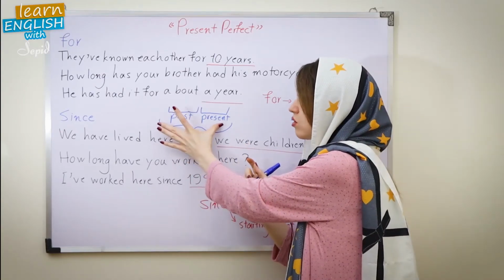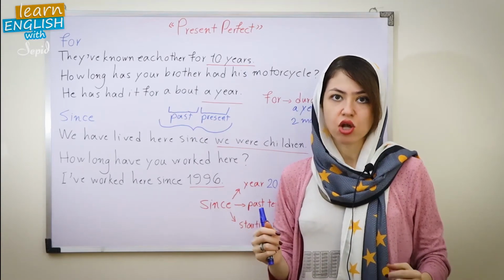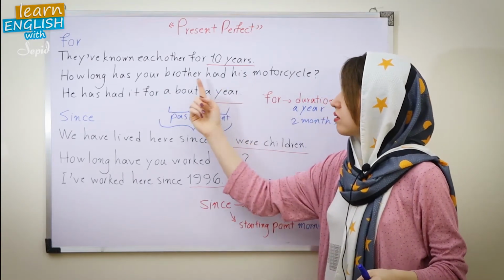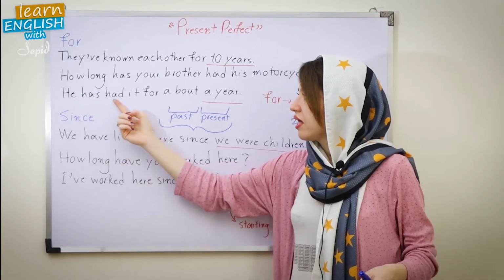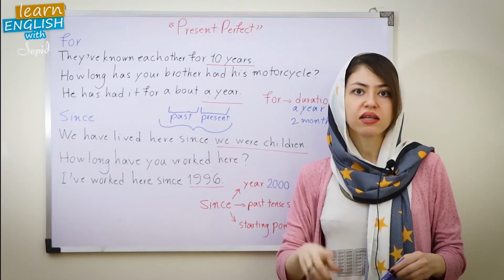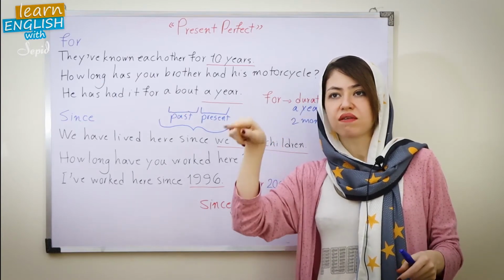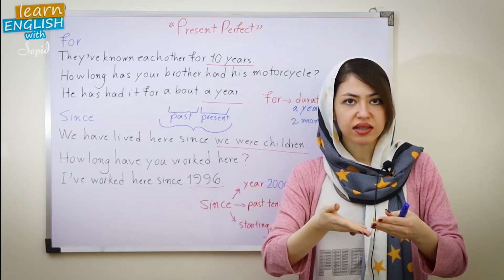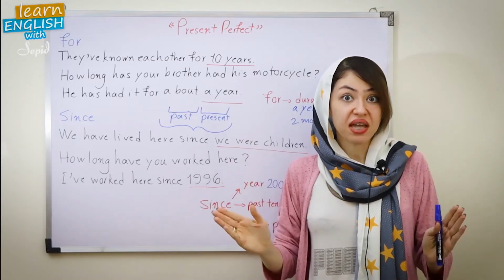So we are considering these two tenses as a single tense, okay? So let's see. And my answer would be like this. He has had it for about a year. So he has had it for about a year. It means from the first part of last year until now, and we don't know when it is gonna finish.